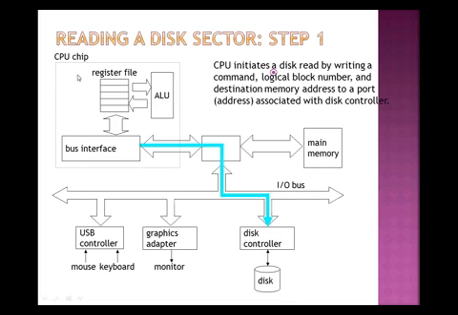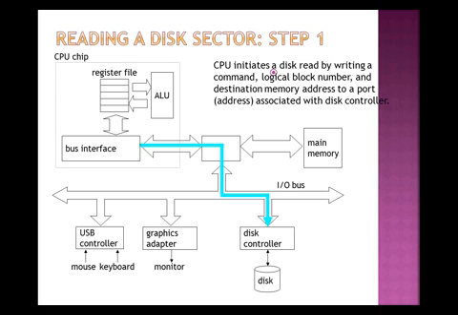Next, step 1: how the computer is able to read a disk sector. The CPU initiates a disk read by writing a command, a logical block number and the destination memory address to a port associated with the disk controller.